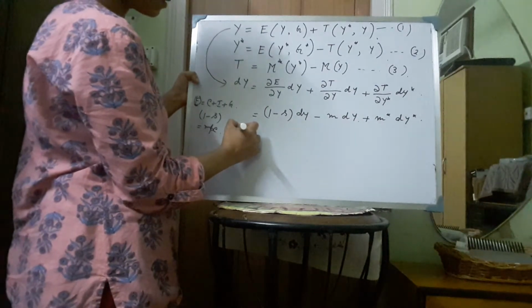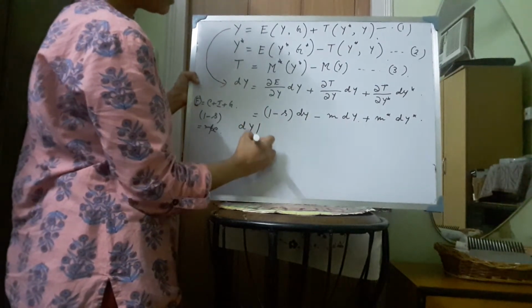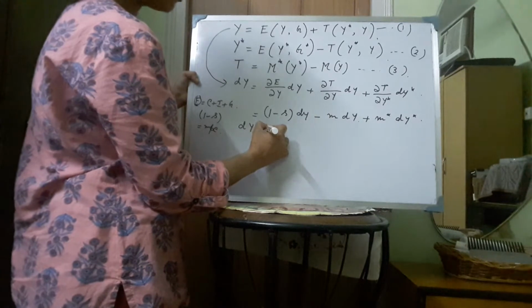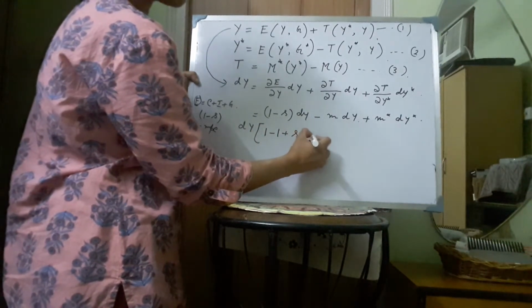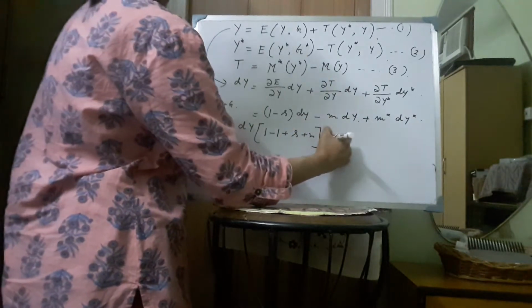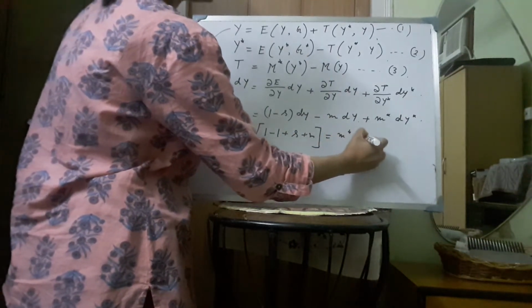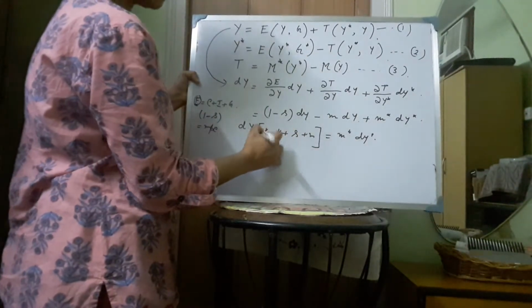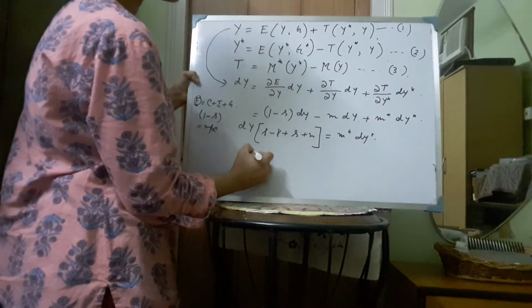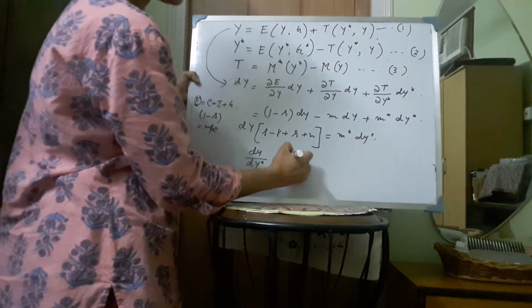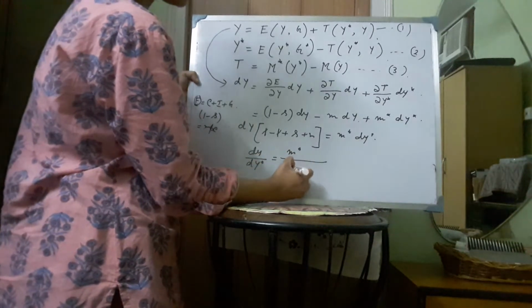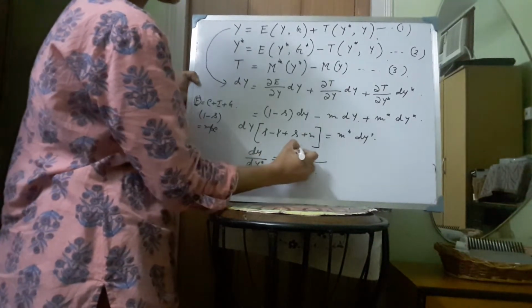Now if we take dy common, then we have 1 minus 1 plus S, then plus M, and on the right hand side we have M star dy star. So dy by dy star is equal to M star over S plus M. Now what is M star?